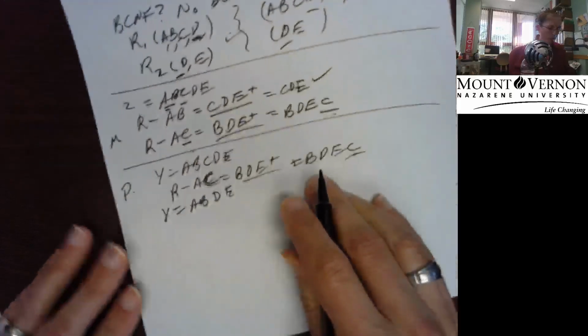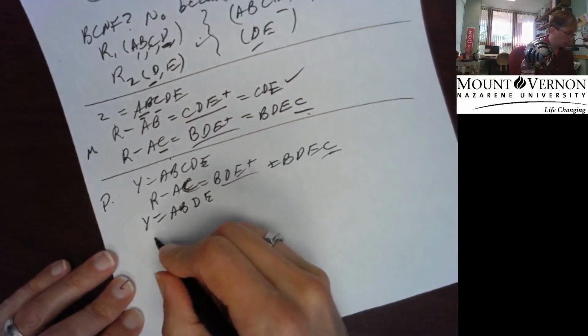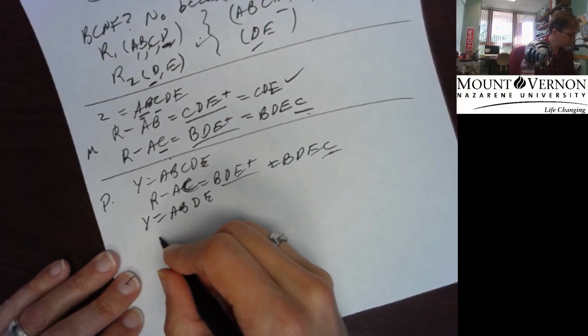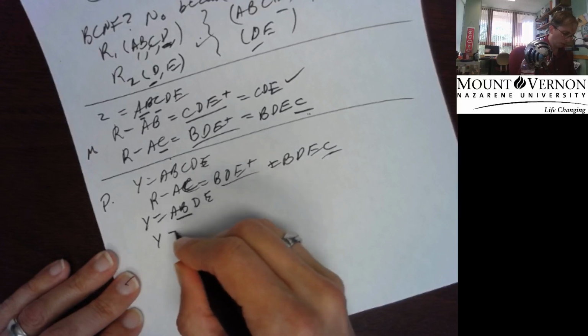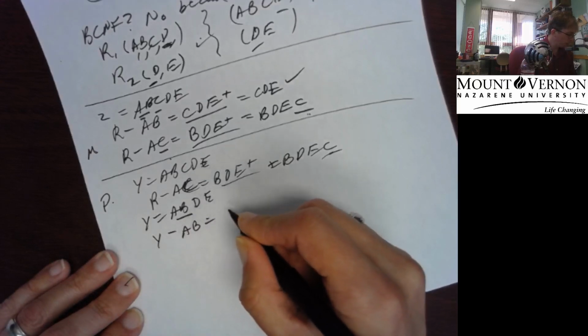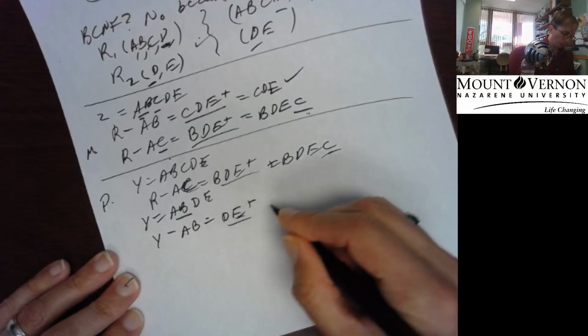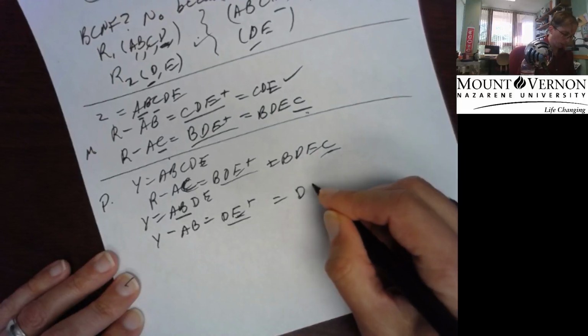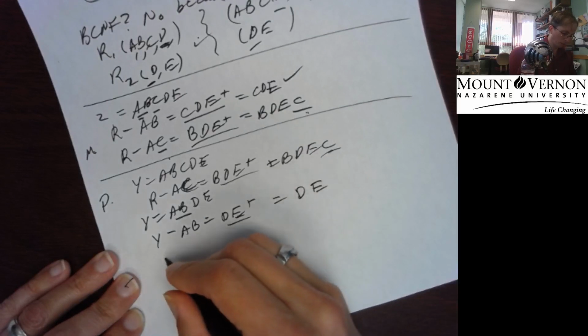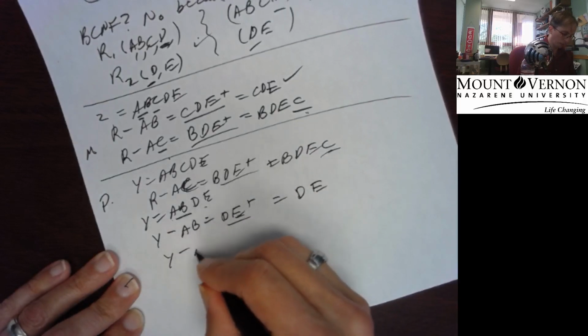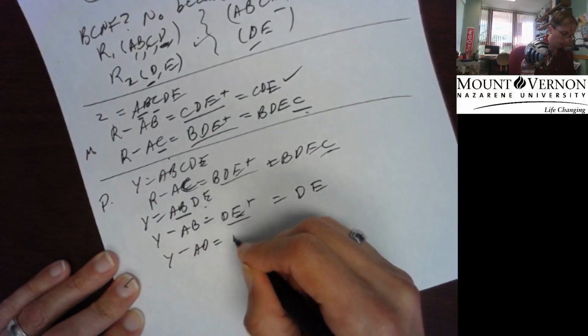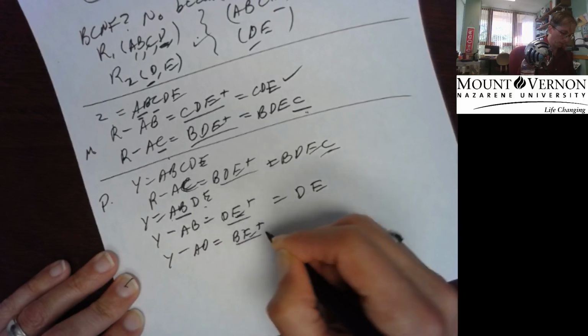So now I'm going to look for violations of that. Right? Let's see here. And starting with pairs, Y minus AB, that gives me DE closure, right? And I do that, and that gives me DE. Okay, can't do that, so A and D now. And that gives me BE closure. BE, I take closure of that.